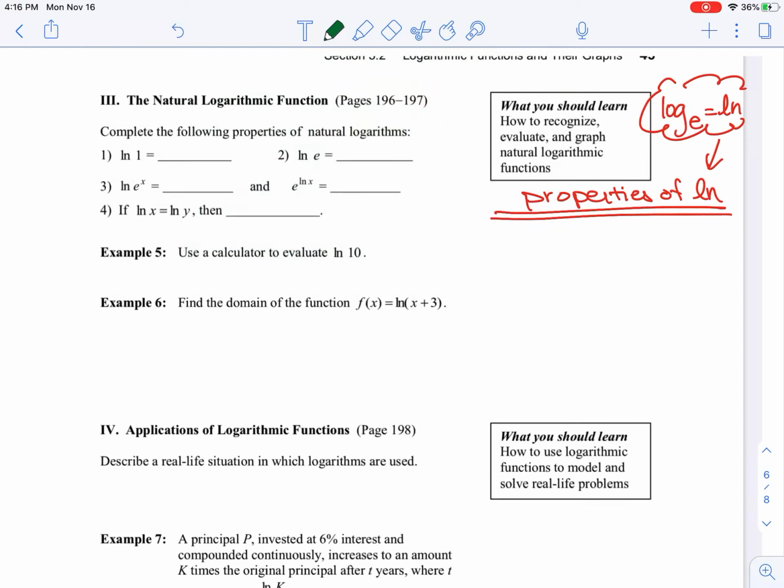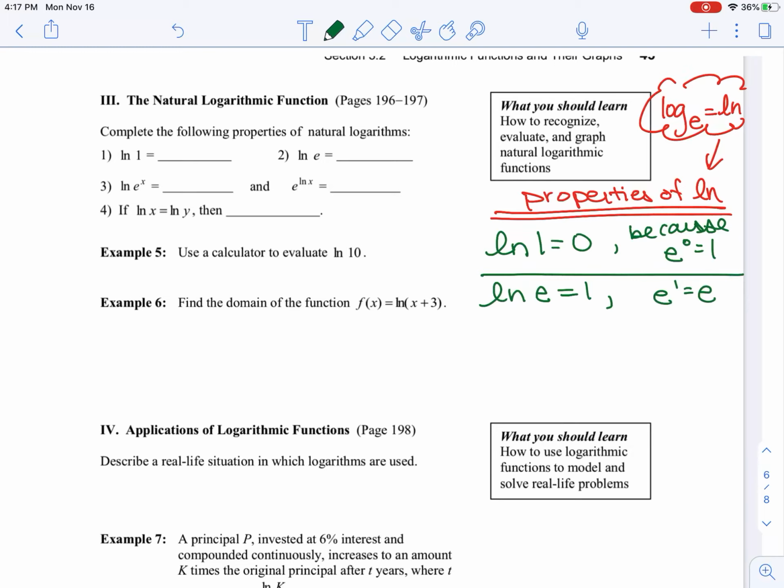So they're similar to our other logarithmic properties. The ln of 1 is 0, and that's because e, remember ln is log base e, to the 0 is 1. And then we know ln of e equals 1, and that's because e to the 1 equals e. So log base e of e just cancels and becomes a 1.